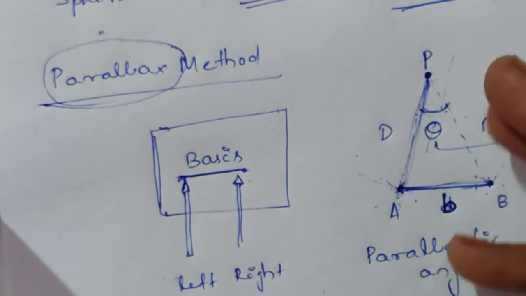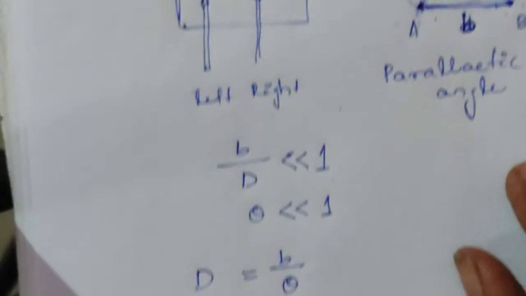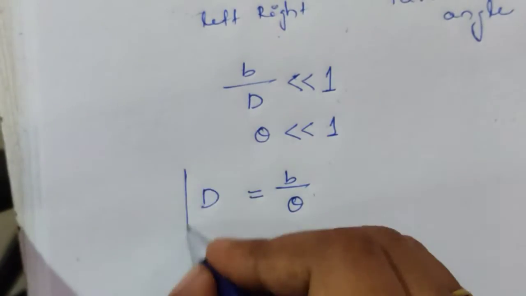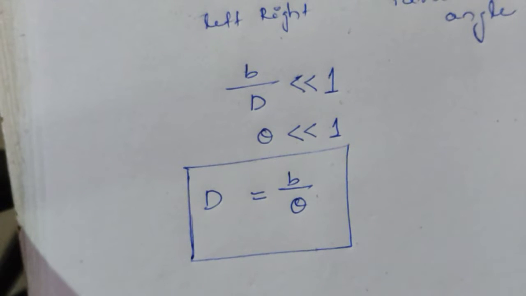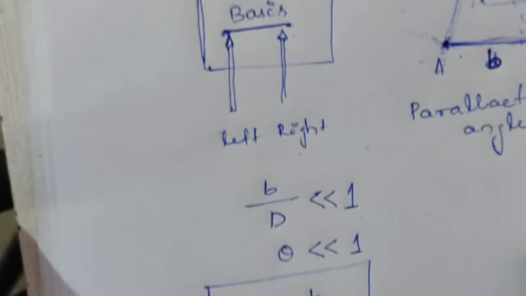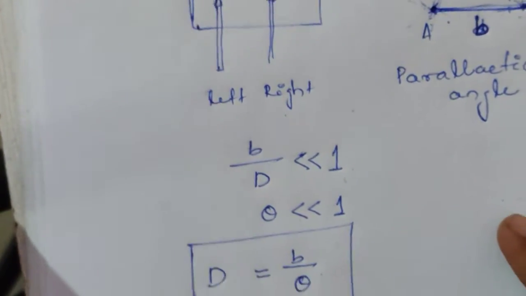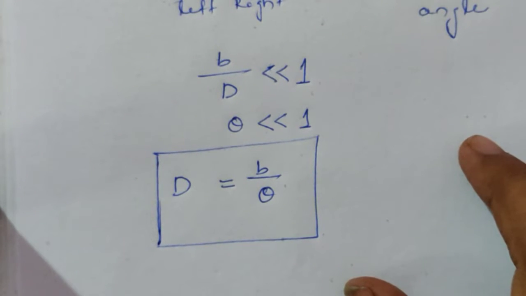We want to measure such macroscopic distances by using the parallax method, and this is the way in which we can measure the distance of planetary objects or other distant objects which is not possible to measure through a meter scale or any instrument used in the direct method. Okay, clear all of you?